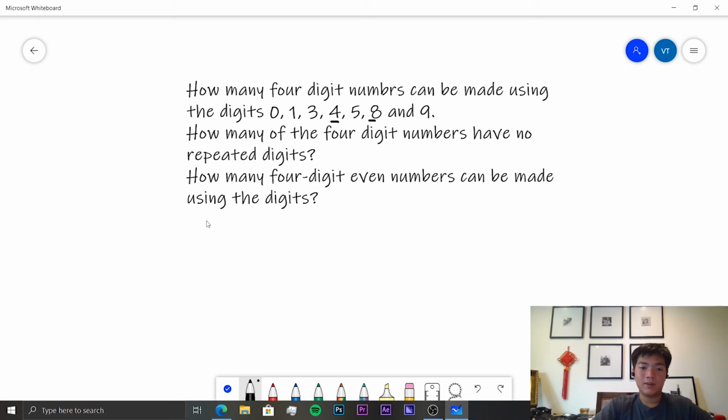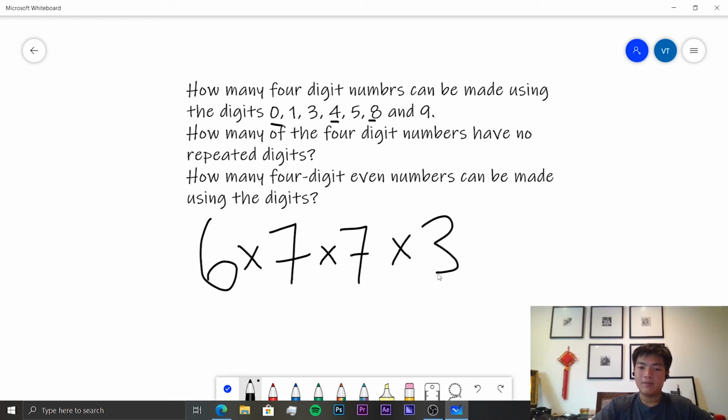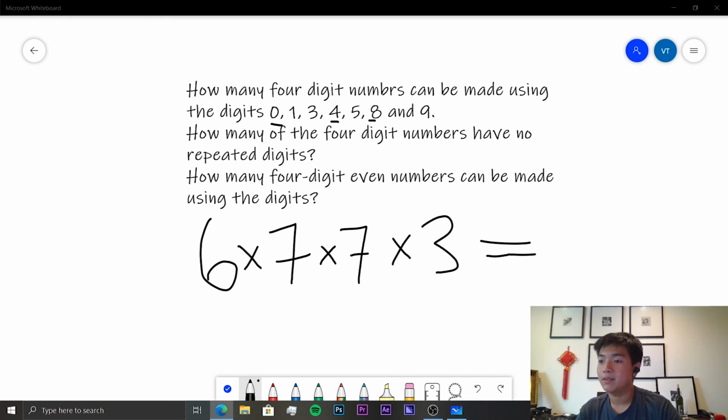So for the first number, we have 6 options. For the second number, we have 7 again. For the third number, we have 7. And for the last number, we actually have 3, because the last number has to be either 0, 4, or 8 for it to be an even number. So getting 6 times 7 times 7 times 3 gives us the answer.